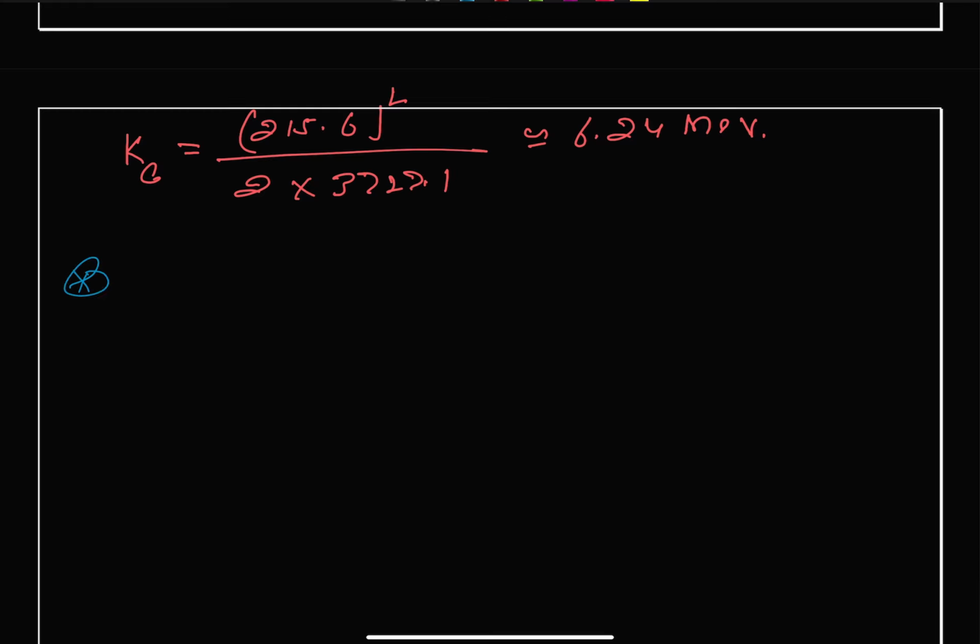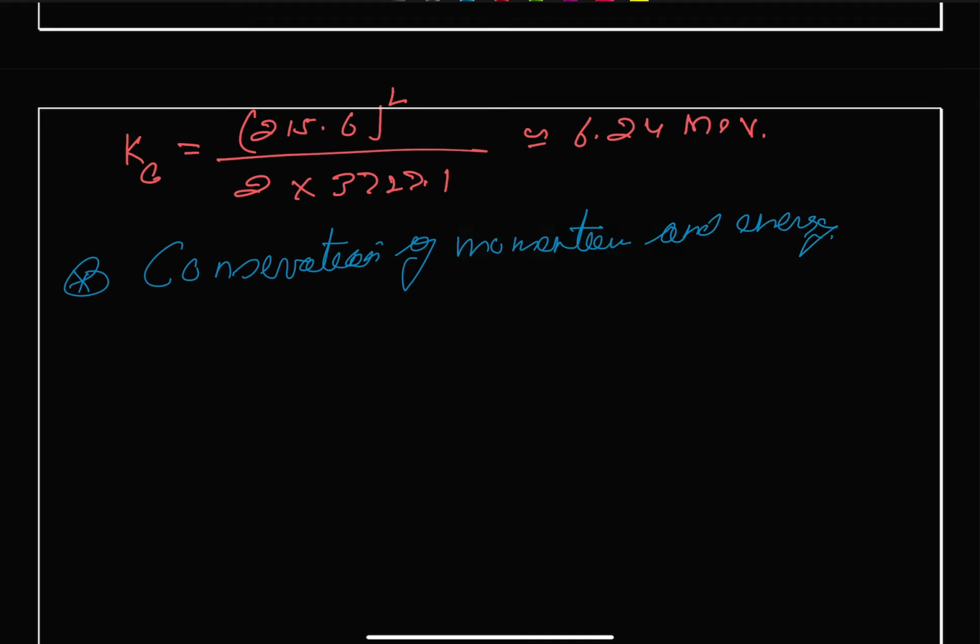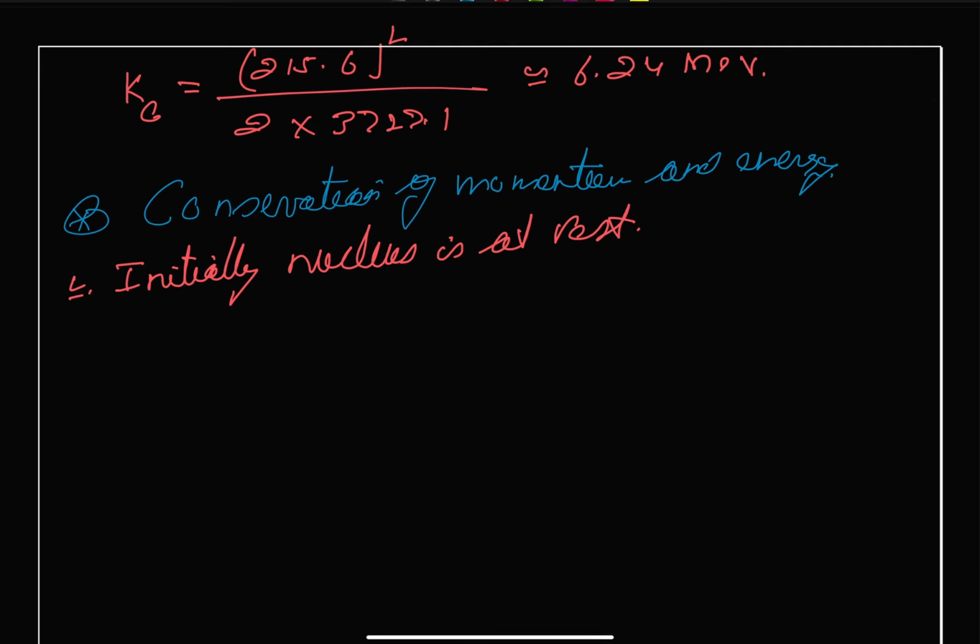Initially the nucleus is at rest. Therefore, we can write that momentum of alpha will be equal to momentum of the daughter, or we can say that mass of alpha times velocity of alpha is equal to mass of daughter times velocity of daughter.